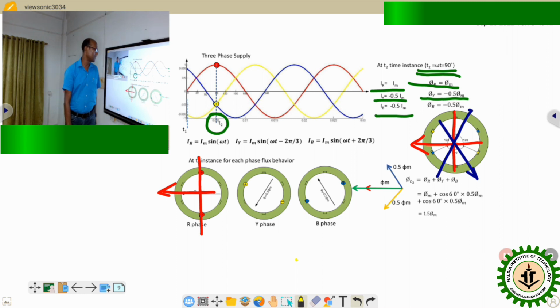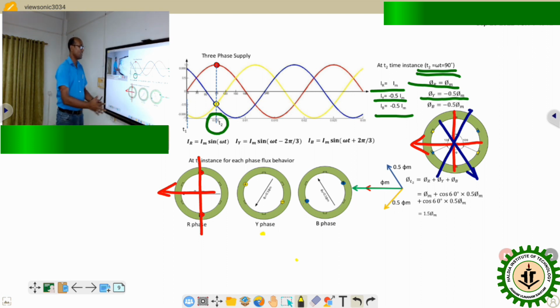With respect to that, we again use the perpendicular direction, downward, for the direction of Y phase flux. And for the B phase, because this is minus and this one is plus, we again use the right hand thumb rule, and we get the direction of flux upward. Here also 0.5, here also 0.5.